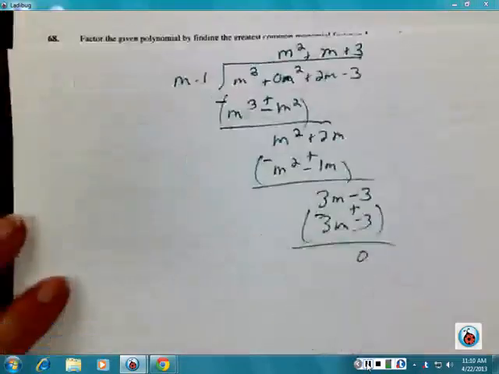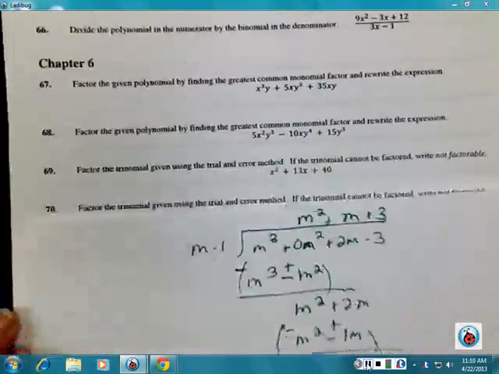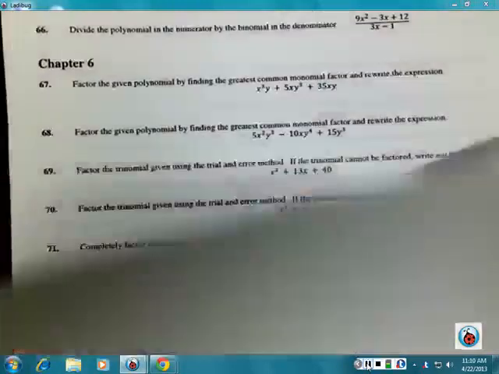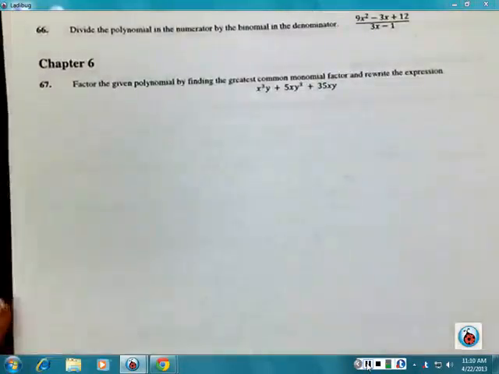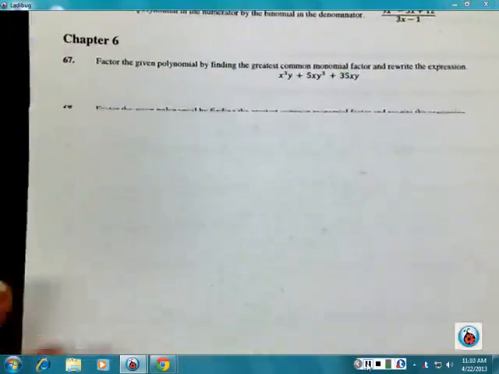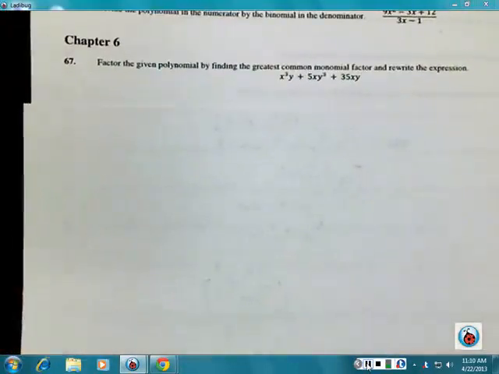Then we're into chapter 6, which we just finished reviewing. So what has to happen to this one? This is again a good review for your chapter 6 test coming up. What do you have to do with that one? You pull out an x and a y.